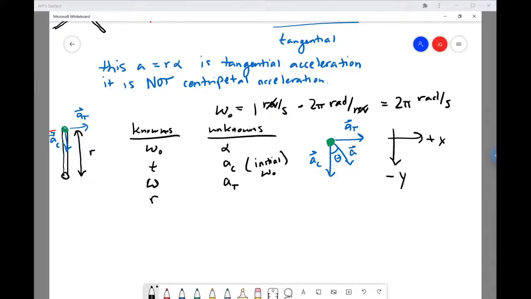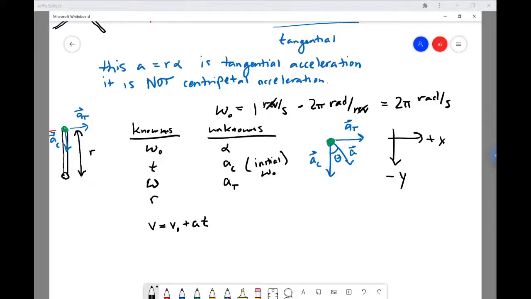Well, let's find alpha first. One of our kinematic equations of motion is V equals V naught plus AT.